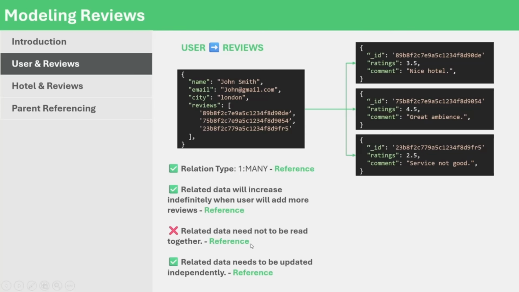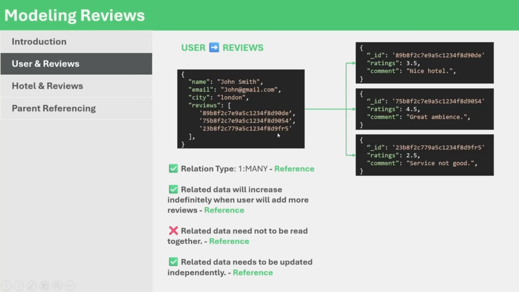We might want to read all the reviews independently, or we might want to update a review independently. So in that case also, the reference approach is the preferred approach. So when going with this relationship between user and reviews, we will use the reference approach. Now, which reference approach, whether it should be parent referencing or child referencing, that we will see in a bit.